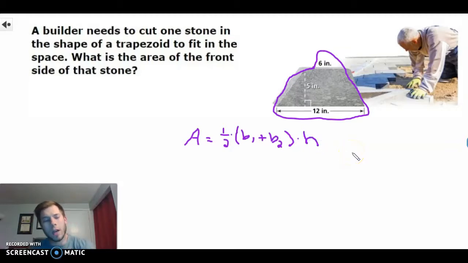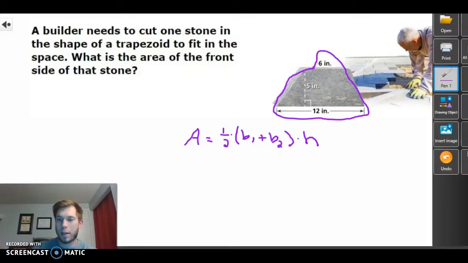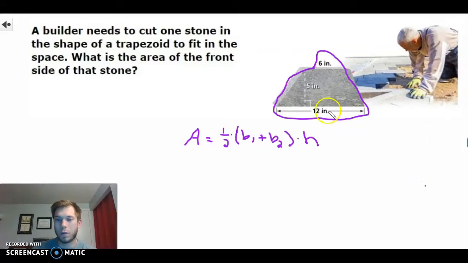I want you guys to take a chance here on your own. Look at this trapezoid that we have here, where we have 12 inches, 6 inches, and 5 inches. And I want you guys to use those values and see if you can evaluate for the area of the trapezoid on your own. Okay? Go ahead, take a moment, and do that now.